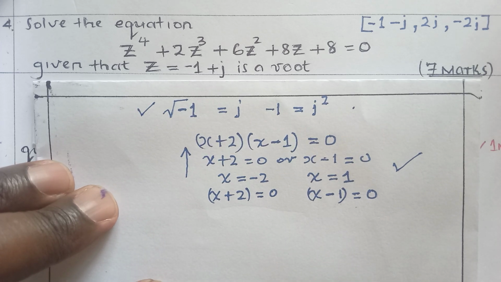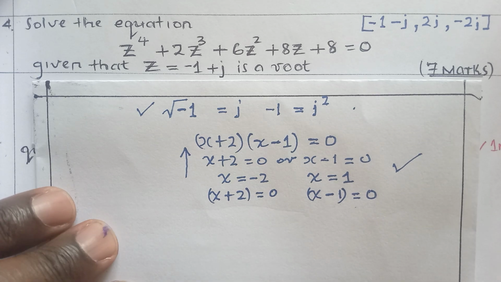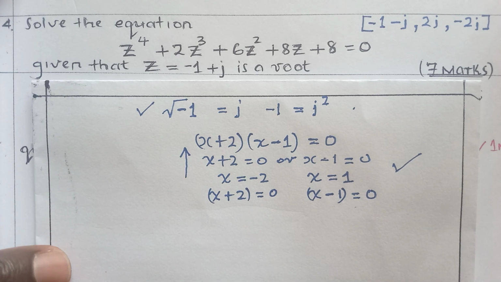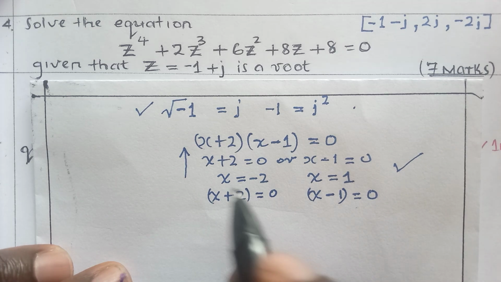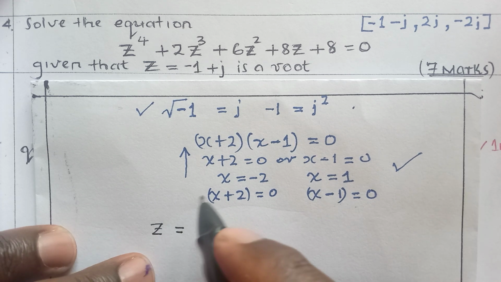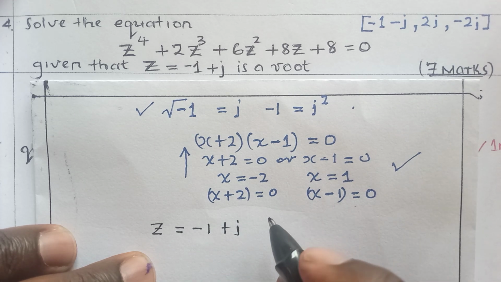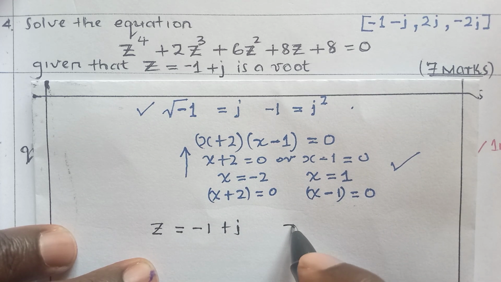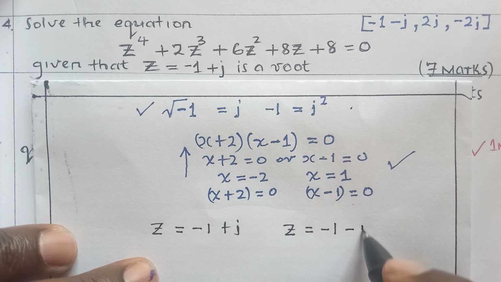Our question reads, solve the equation. We are given one of the roots. Guys, if we have one of the roots, then we are supposed to get the other root, and the other root is supposed to be the conjugate of that first root. So if we have z equals negative 1 plus j, then the other root is z equals negative 1 minus j.